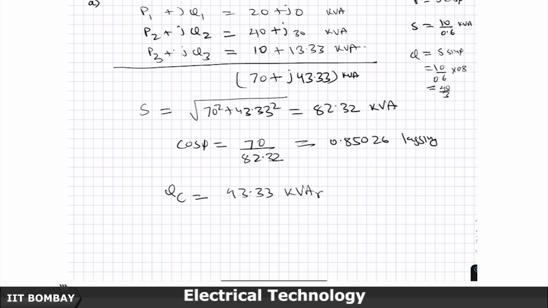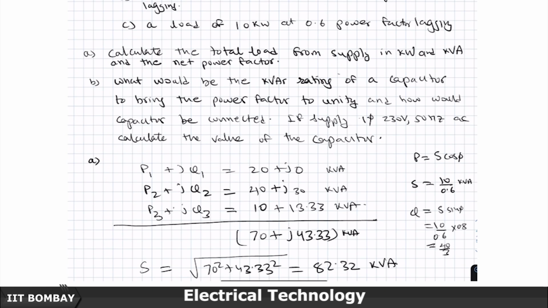This is to correct the power factor to unity. How would the capacitor be connected? Shunt, of course. And if the supply voltage is single phase 230 volt and 50 hertz AC, calculate the value of the capacitor.